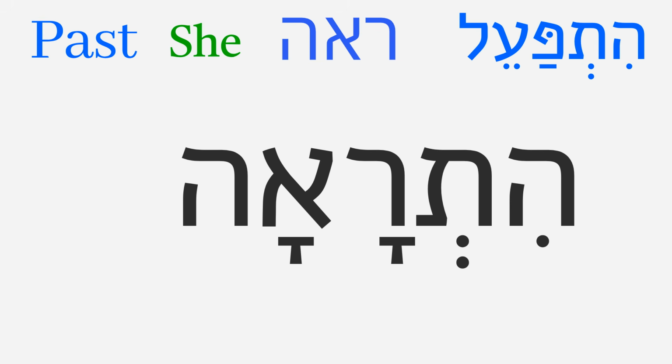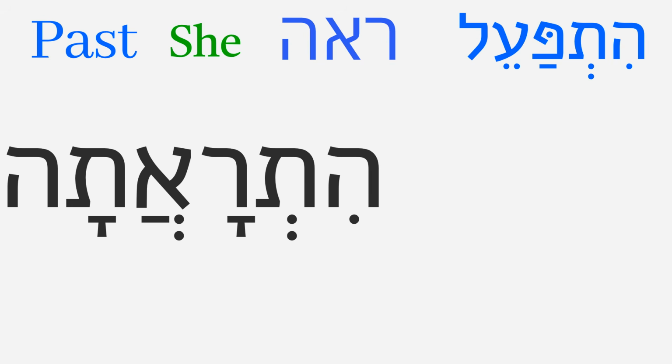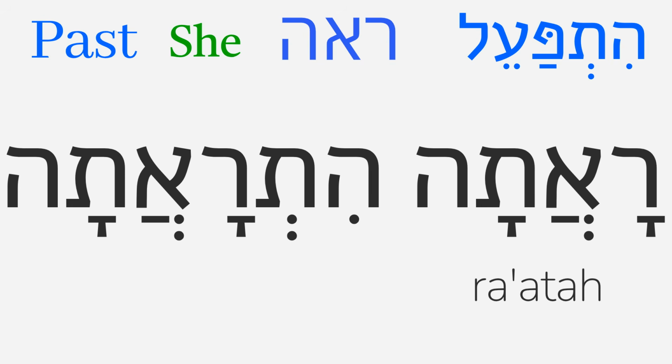We have to change that hey in the hu, he form hitra'ah, to a tav, and then add the she form's ah ending. We also need to change the kamatz on the second root letter to a shva, but because in this root that letter is a guttural, aleph, it will just be a patach shva. These irregularities are again very similar to those in binyanim like the kal, ra'atah. The Hitpael verb is hitra'atah.